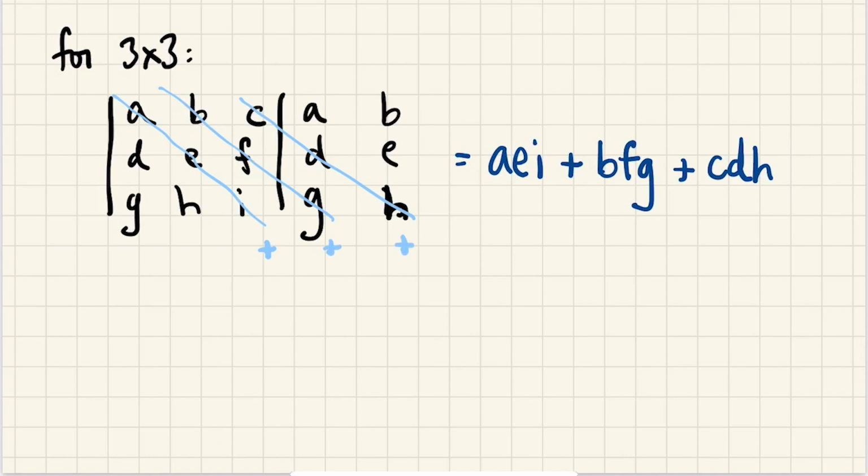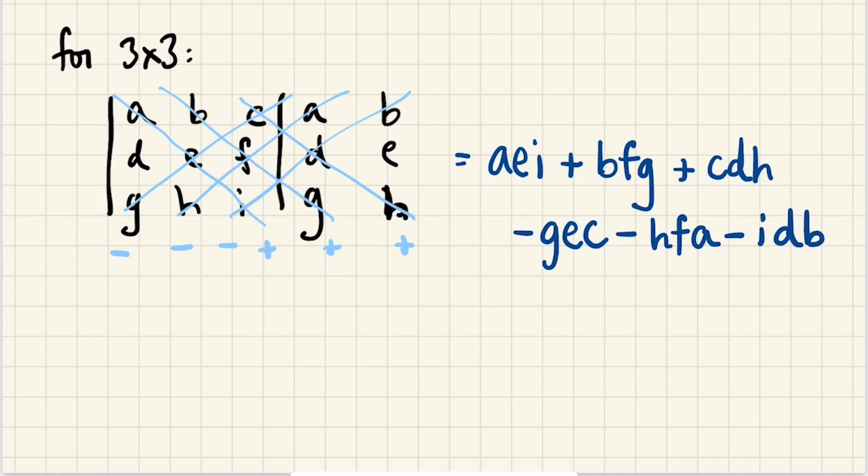We are only halfway done though, because then you take the three anti-diagonals and you subtract those products. So we're going to have minus g times e times c, minus h times f times a, minus i times d times b. And there's your formula for 3x3 determinants.